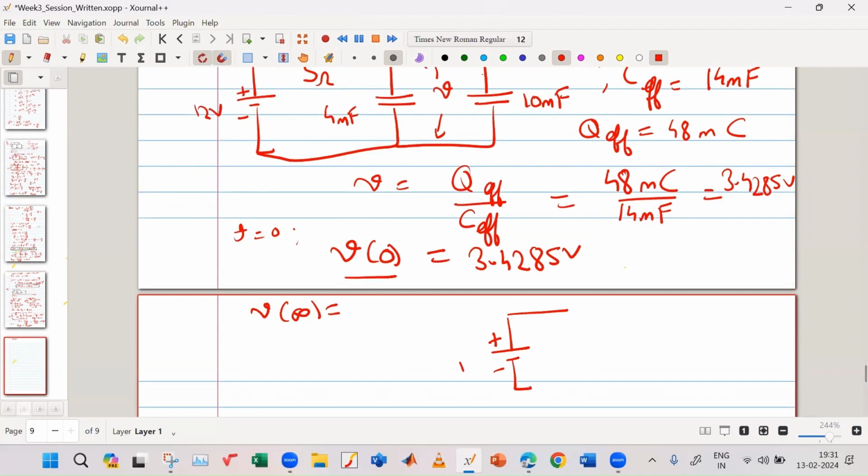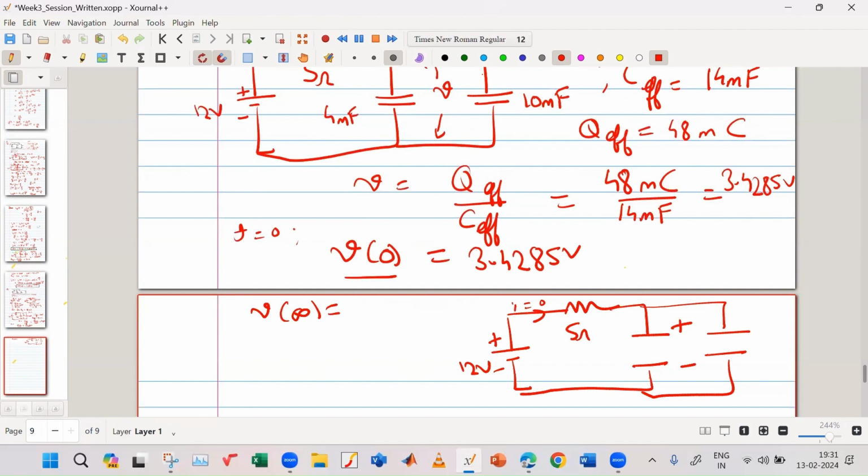So this is 12 volt. This is 5 ohm. And this is an open circuit. Assume it's an open circuit. So open circuit means this current over here will be 0. Now what is this voltage over here? I cannot say it is 0. It must satisfy KVL.